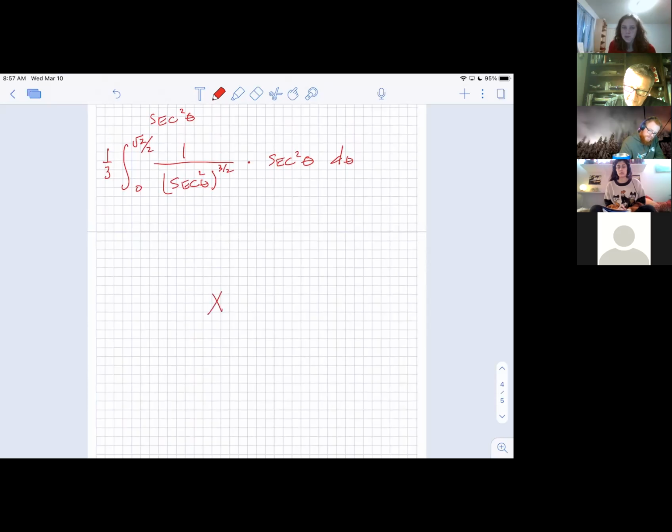How do exponents work? If you had x to the 7th to the 3rd, because isn't that what we have here? We have a power raised to a power. What do you do with those powers? What can you do with those to kind of clean that mess up? You multiply them together. That's exactly right. So in this case down here, that would be x to the 21st. So if I have secant squared to the 3/2, 2 times 3/2 would be 3, cubed.